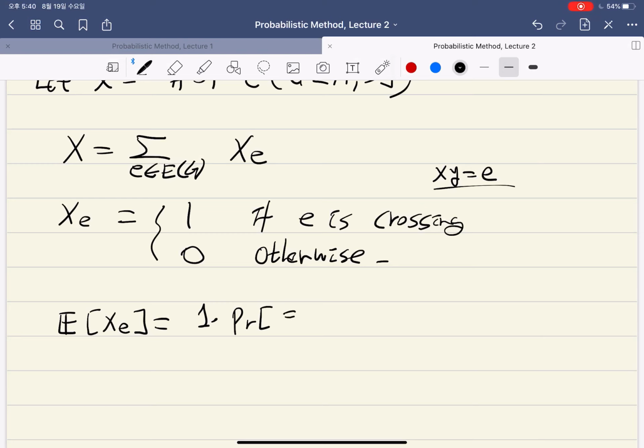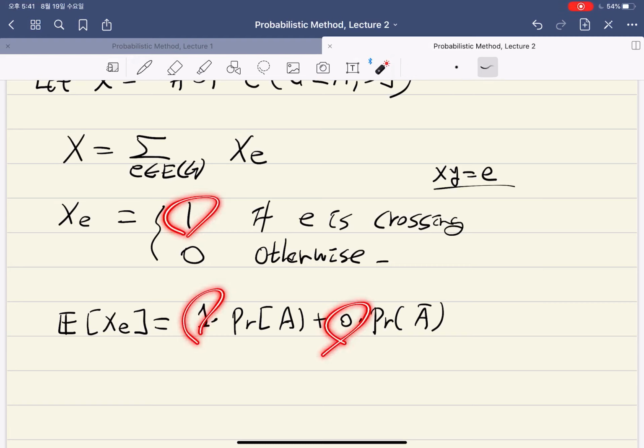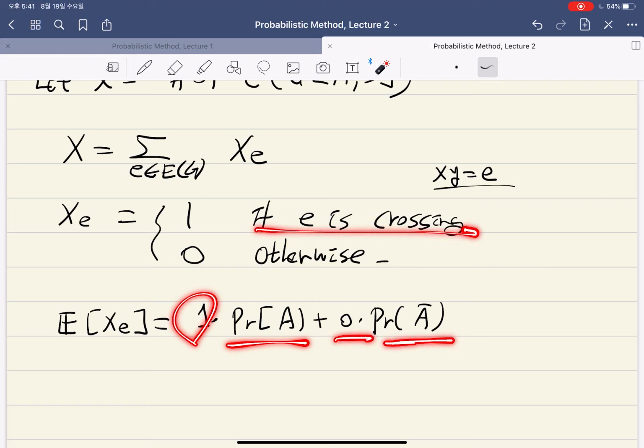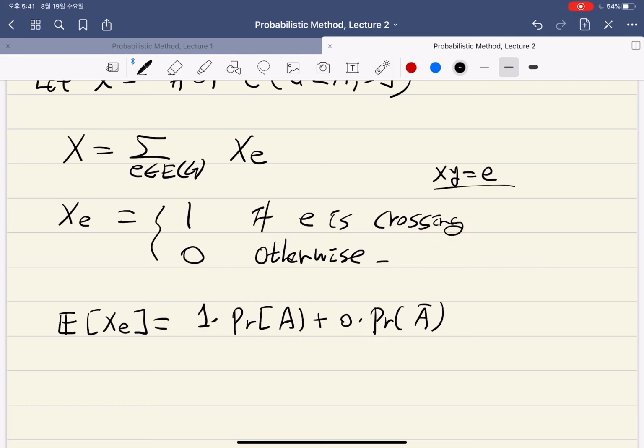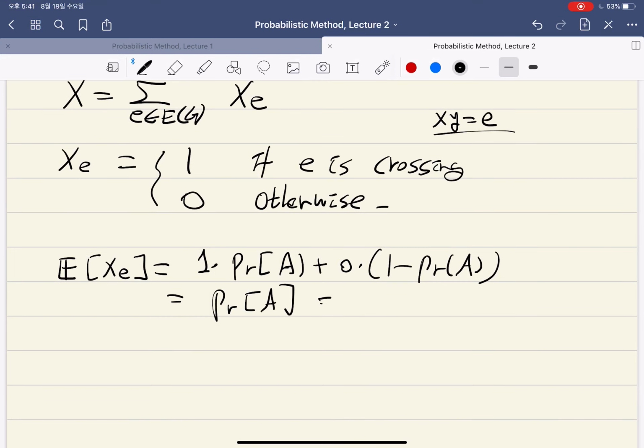So let's say the event itself is A. Then you have the value of 1 or 0, and one happens with a certain probability, and the other happens with the rest of the probability. Let's write it as 1 minus probability of A. Then this is the same as probability of A, so it's easier to compute.